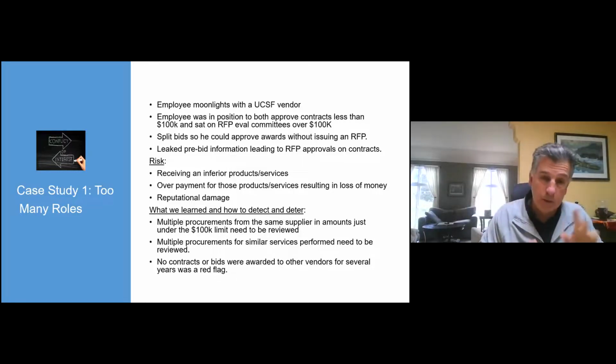Why are we splitting contracts between goods and services and labor? And in this particular case, no contracts or bids were awarded to other vendors for several years within that particular area. And that was a red flag that was missed.